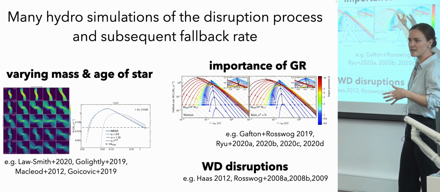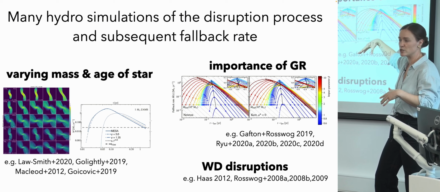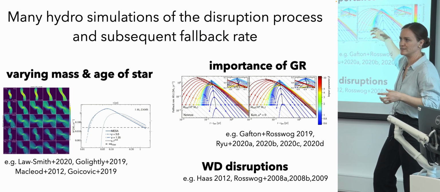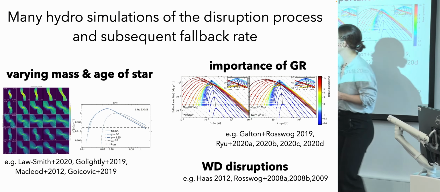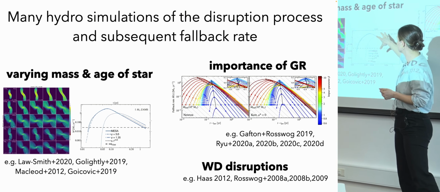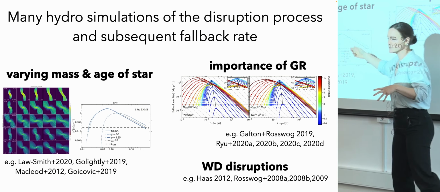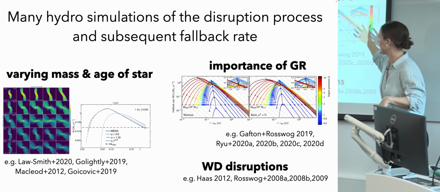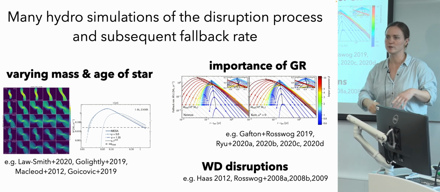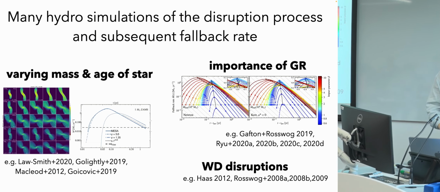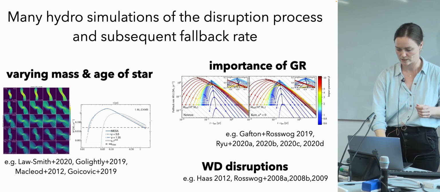GR can affect it if you are in a very relativistic limit, so more the impact parameter of greater than 10 or so in many of these cases. The mass and age of the star can also affect it if the star is very evolved. But for a main sequence star, for an impact parameter close to 1, just where we'd expect most of the disruptions to come from, the mass fallback rate is mostly dependent on the black hole mass.